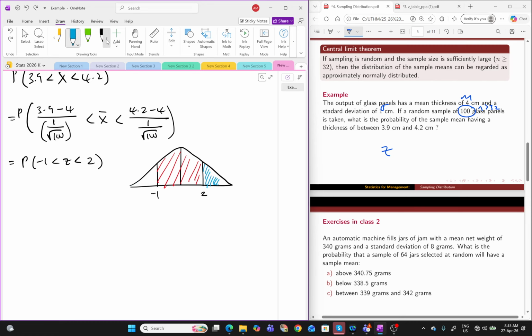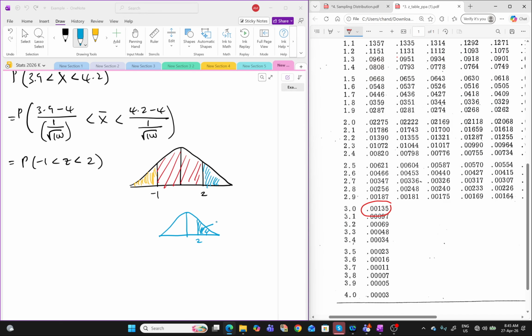Blue, and let me put in another color. Blue and the yellow color region. For the blue color region is easy. What is this one? 0.02275. Okay, this one.